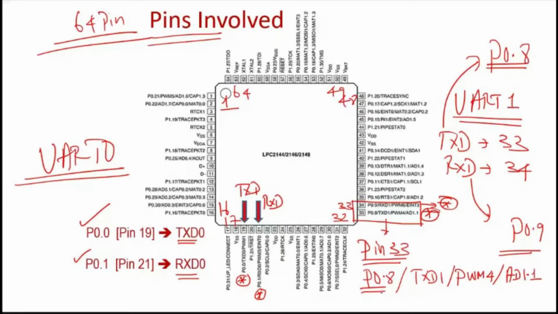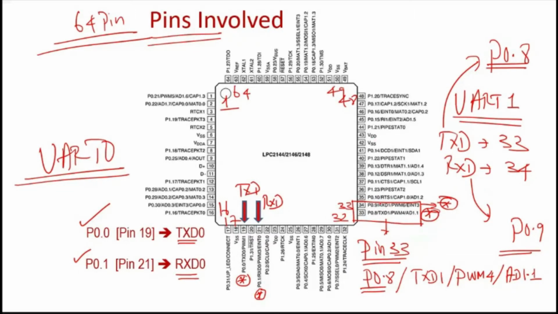Port 0.8 is the default function, which means if you don't specify anything, this is the function that that particular pin will do always, unless otherwise you change the functionality of the pin. So that is the reason why we haven't done anything in order to use that particular pin as a GPIO. For GPIO, the default functionality is GPIO for all the pins.